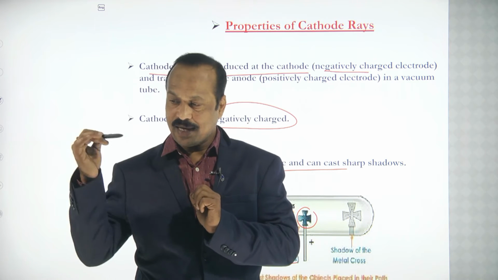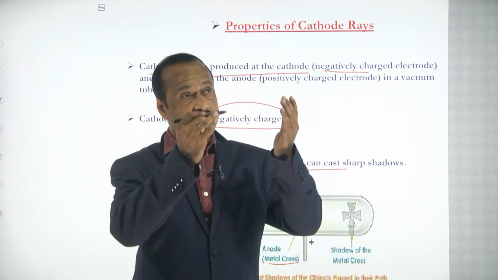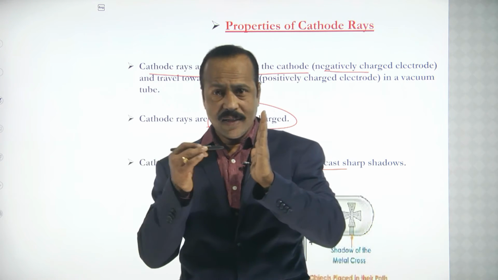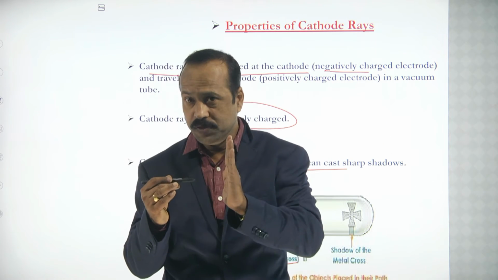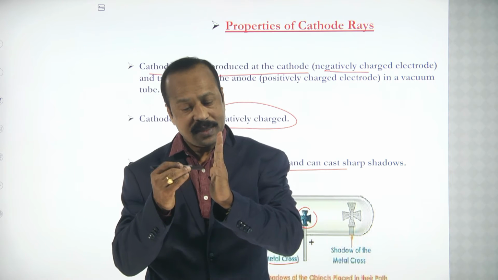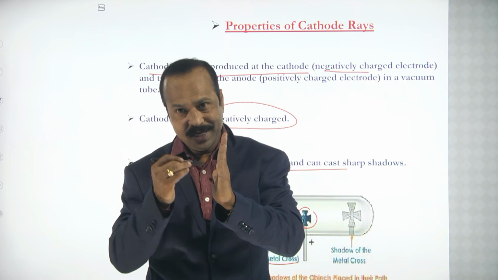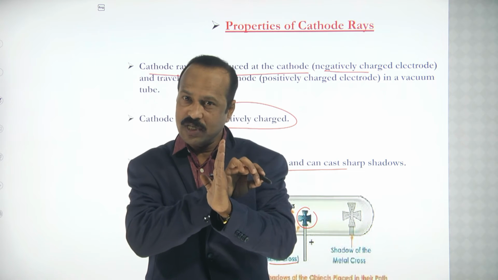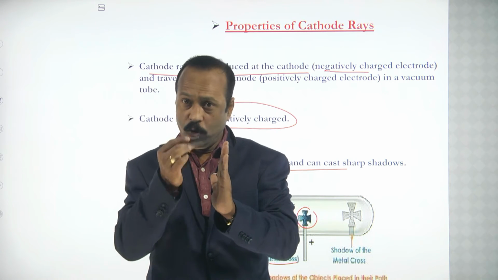Here the cathode rays are moving just like light, and you know that when light is traveling in a path, if you put an opaque object in the path of light, then this opaque object stops the light rays, so a shadow is created. A shadow is formed behind the opaque object, right?